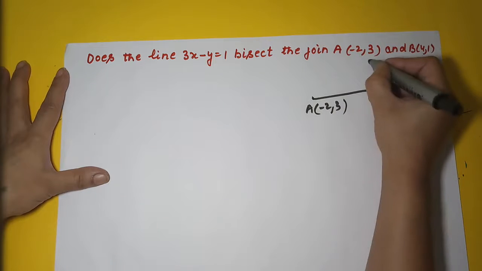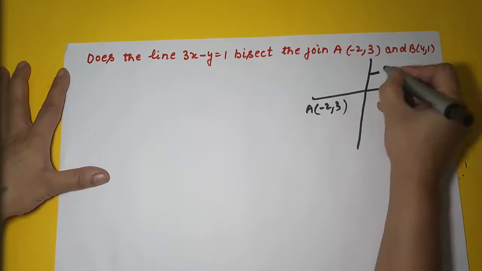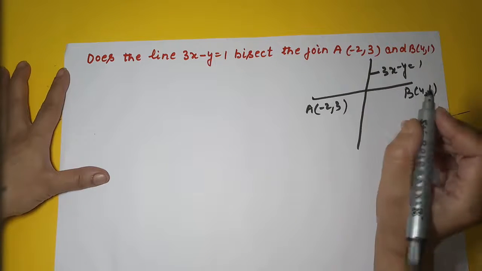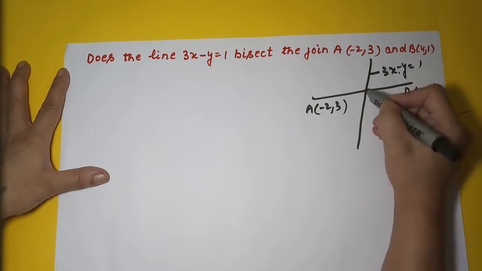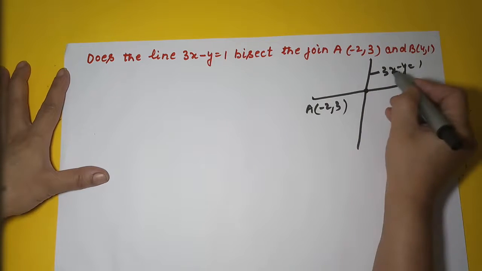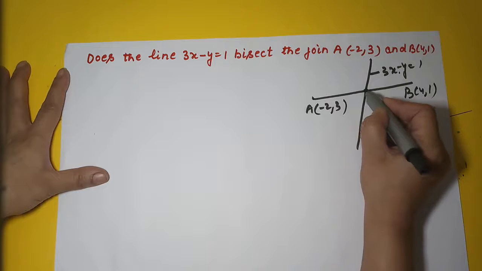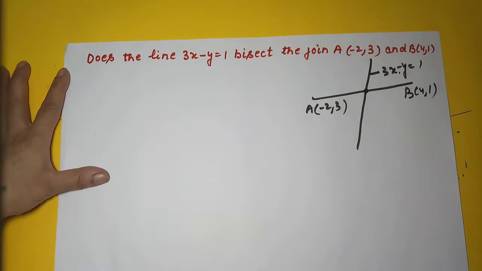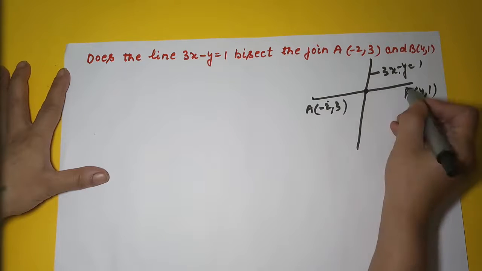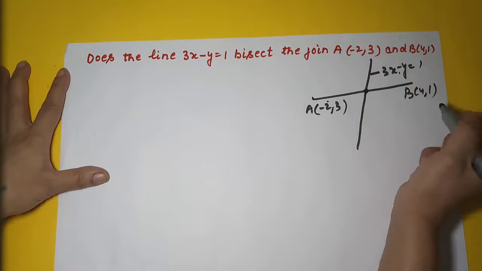Now there is a line which is 3x minus y equal to 1. We have to find out whether this line bisects this line. What does that mean? If this line passes through the midpoint of this line, then it is bisecting it, right? Simple. So what is the midpoint of this line then? Can we find that? Yes, we can find that.